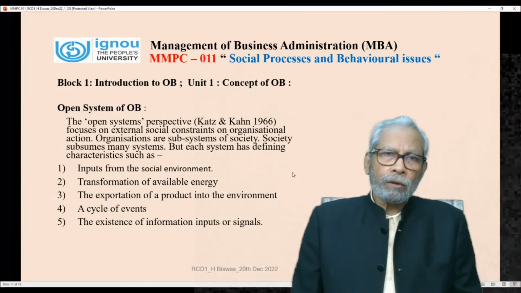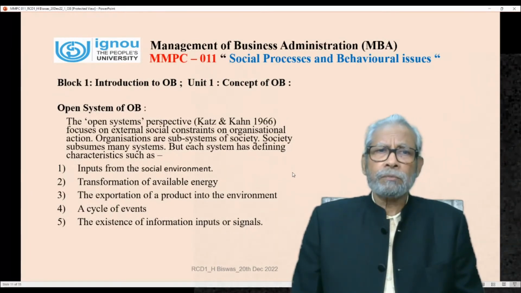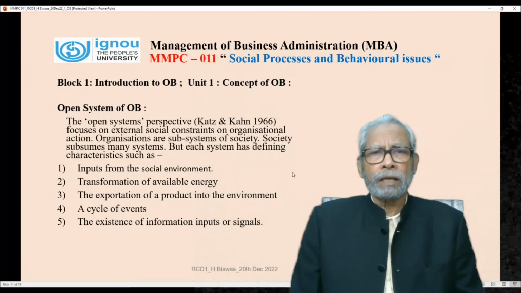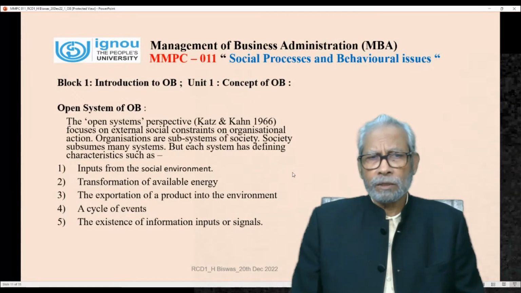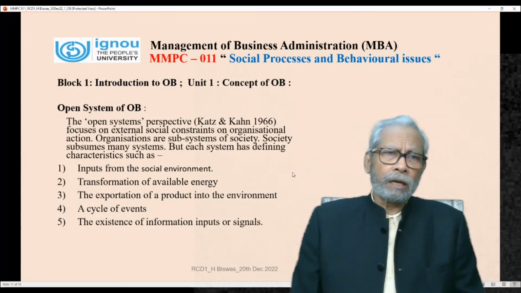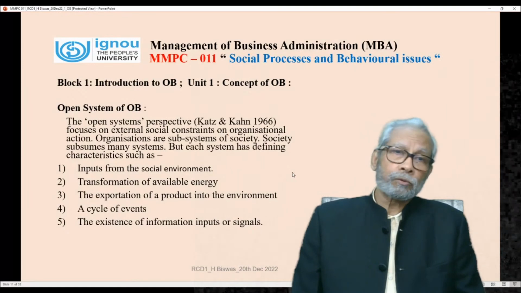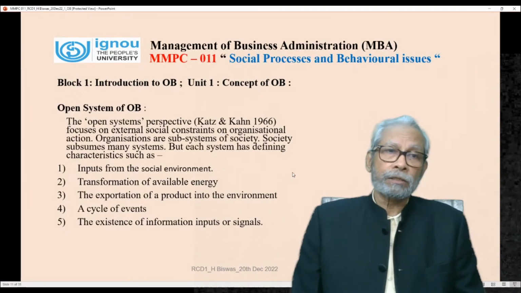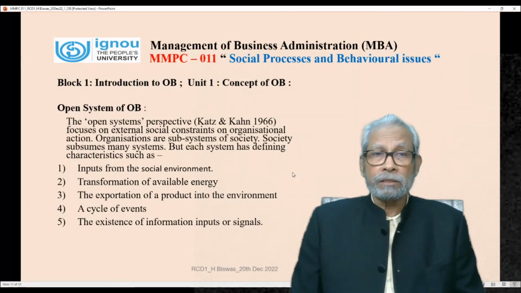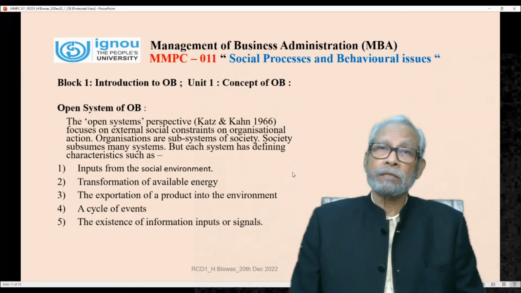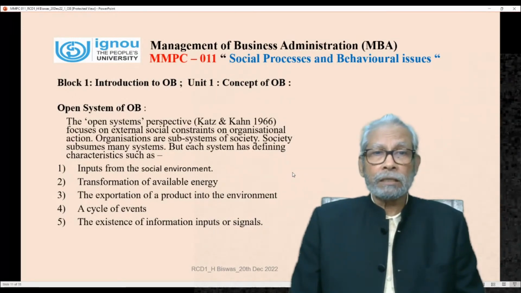Now, the open system of organizational behavior. The open system is basically a perspective. Katz and Kahn, 1966, defined it as focusing on the external social constraints on organizational actions. What are the external constraints there? How to behave and how to cope with the situation when the external social constraints are there. So organizations are subsystems of society.